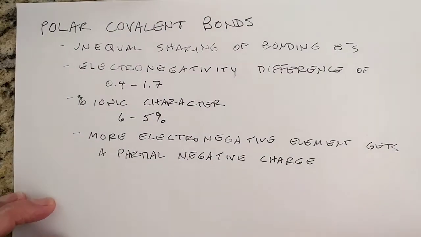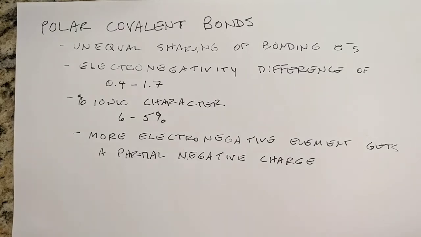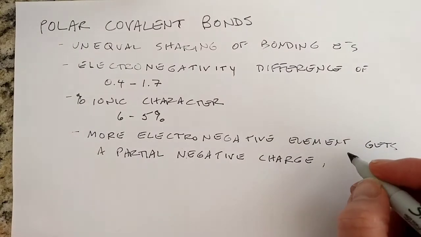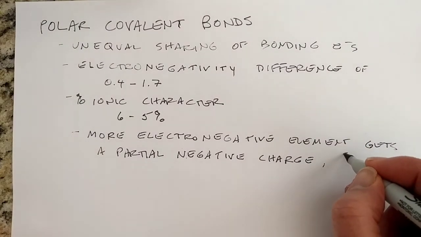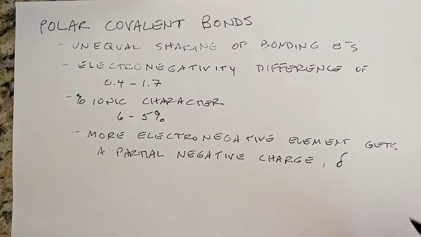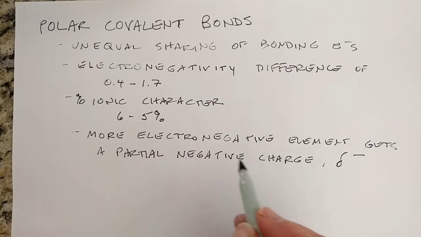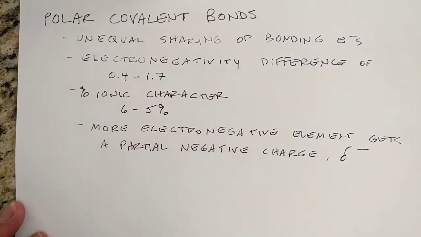The more electronegative element has more pulling power for those bonding electrons. So it's pulling those electrons towards itself. And because it does that, it gets to be a little more negative than it would be by itself. And the symbol that we use for that is the lowercase Greek letter delta, which is kind of like a squiggly thing like that, and then we put a minus. So this means a partial negative charge, not a full charge, just a partial negative charge.